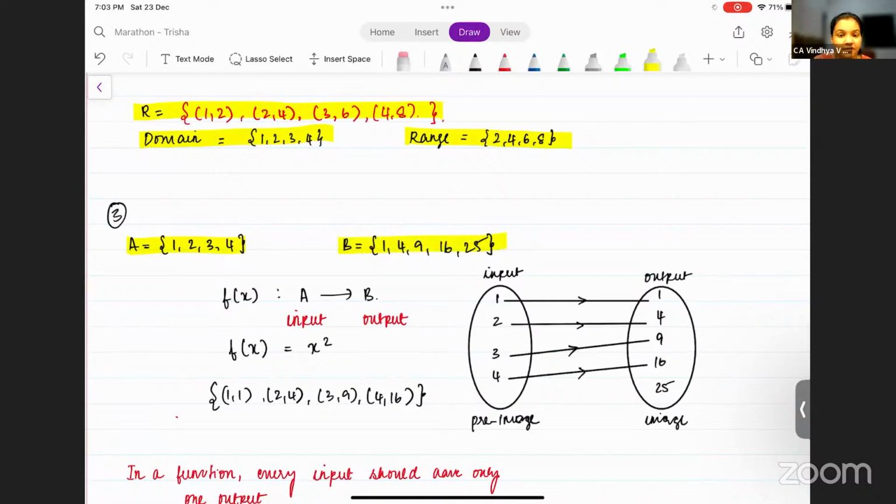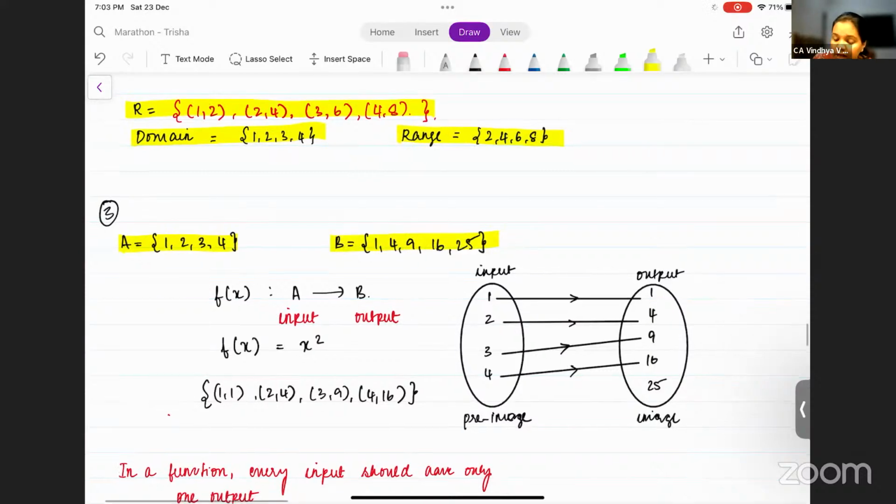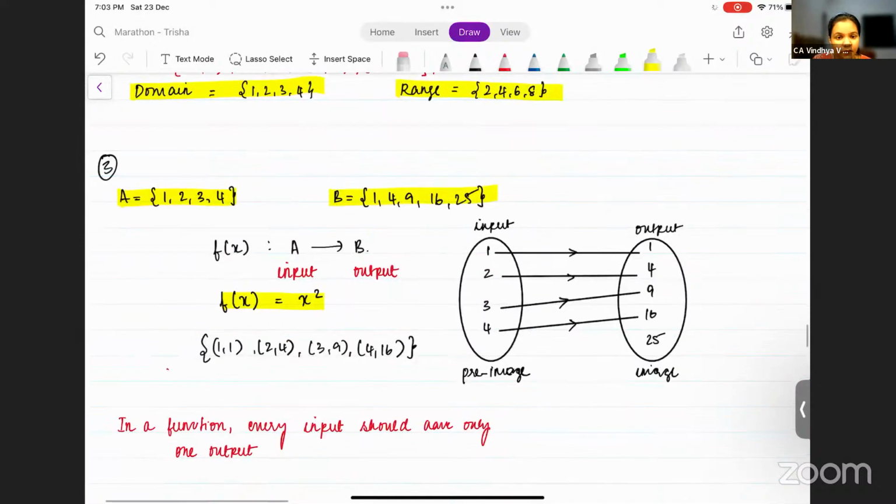F of x function, which is given as x square, where set A is the input and set B is the output. So if you insert the value of x as 1, you should get the answer as x square. 1 square, that is 1. If you insert the value of x as 2, you'll get 2 square, that is 4. If you insert the value of x as 3, you'll get 3 square, that is 9. And if you insert the value of x as 4, you'll get 4 square, that is 16.